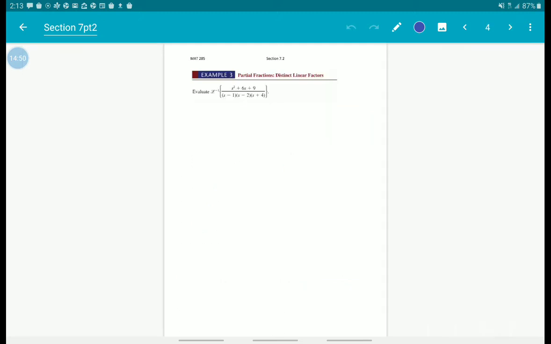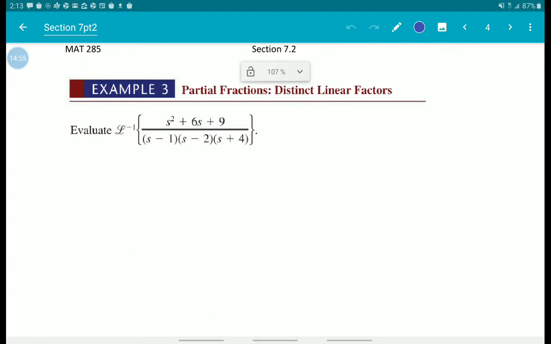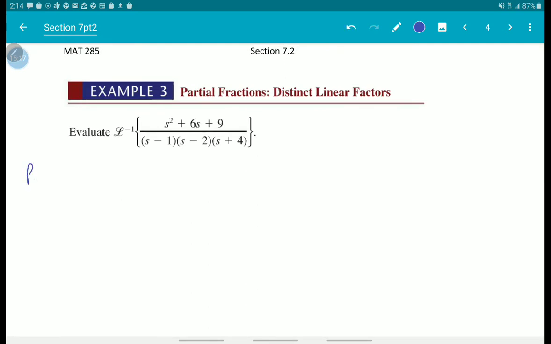Let's do another one. So we have this guy. Anytime you have multiple things in the numerator or multiple things in the denominator, see if you can break it apart. In this case, we'll be able to use partial fraction decomposition because we have 3 terms multiplied together. So we want to simplify as much as we can and then try to compare with the formula to see if there's something that we could use.